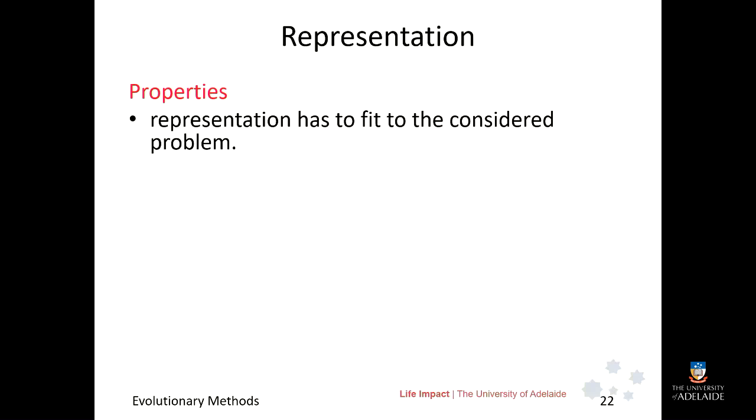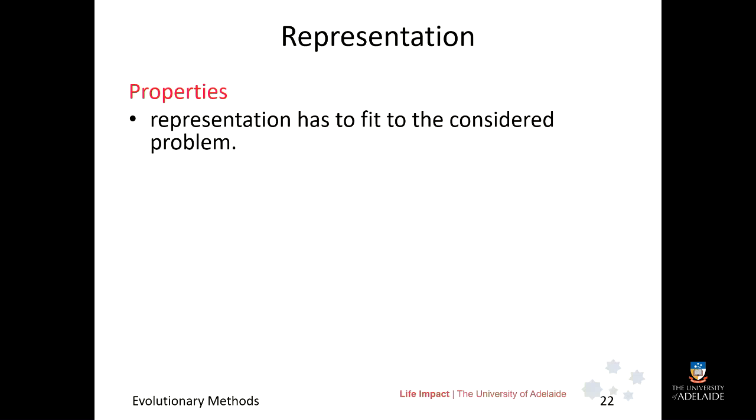So you could encode that as a binary string, right? Because you can encode everything as a binary string. But most probably you want to encode it as a permutation of the cities, right? So the representation has to fit to the problem. For the traveling salesperson problem, you don't want to do binary strings.